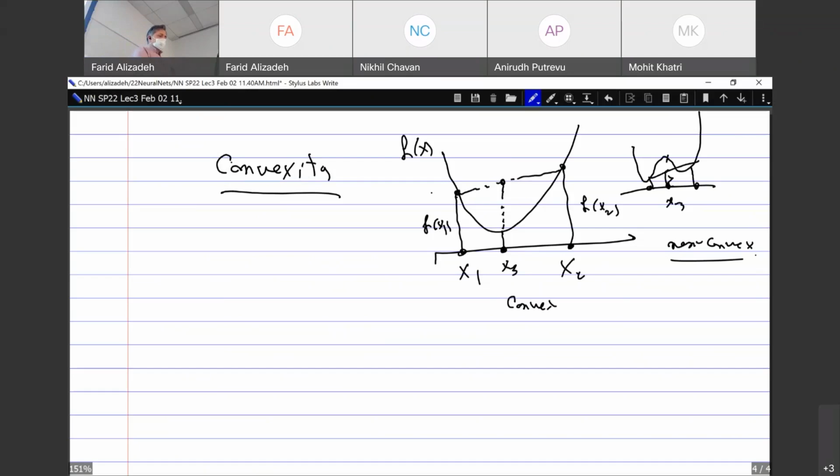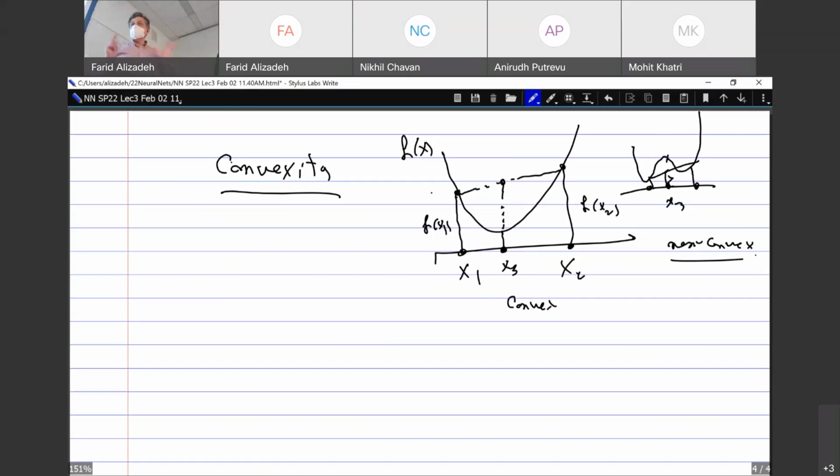So, in general, a convex function means that if you have any 2 points in the domain of the function, compute their f's, connect those 2 f's with a line, and then take any point in between, the value where it hits the graph of the function is below that line.